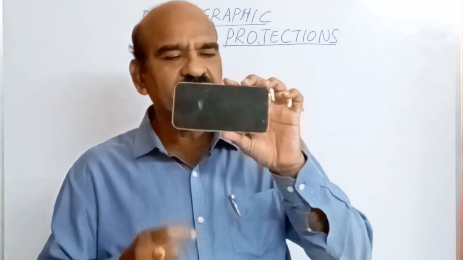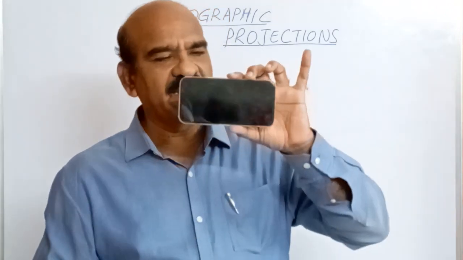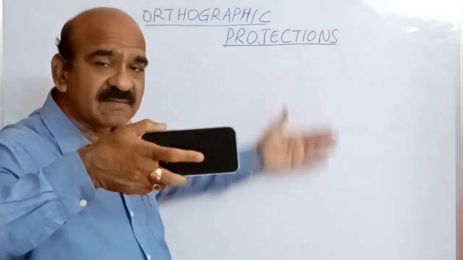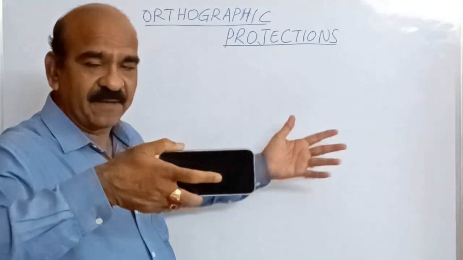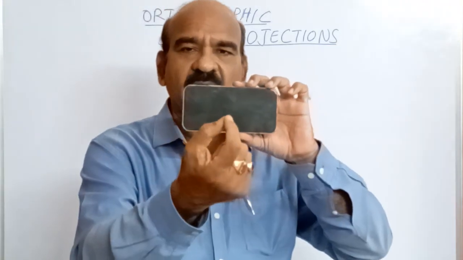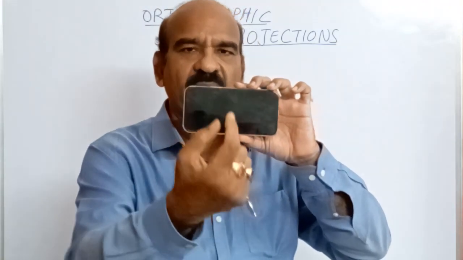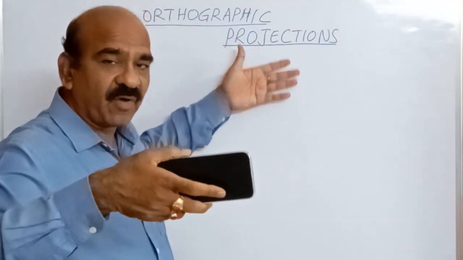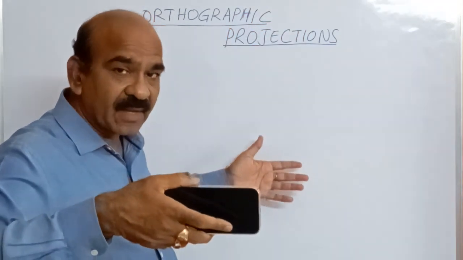For this, we start with, let's take a candle. I take the object here and I put the candle in front of it, and what happens? I have taken a vertical screen here, right? When you take the candle here, the light rays coming from this fall on the object, and how will the shadow be formed on the screen here?